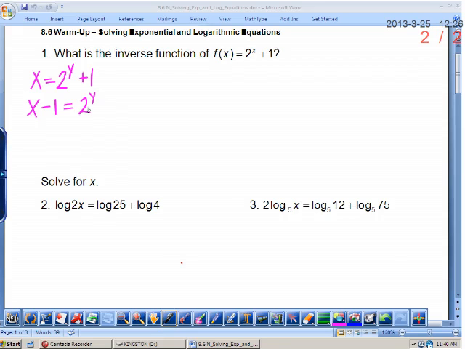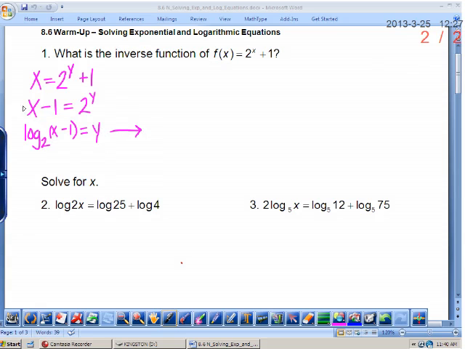When you are trying to solve for a power, that's why we use logs. So turn this into a log. What would it be? Base 2 of x minus 1 equals y. Why is the x minus 1 in parentheses?